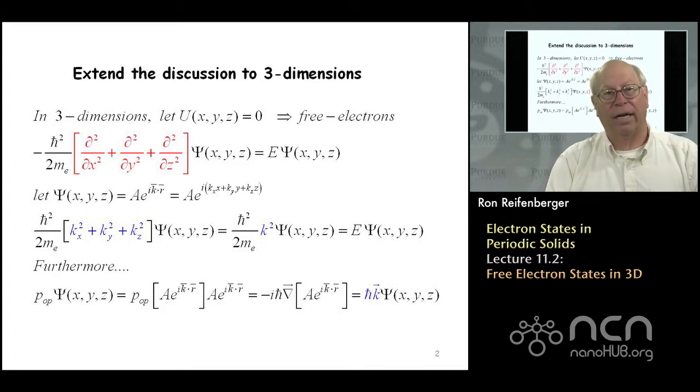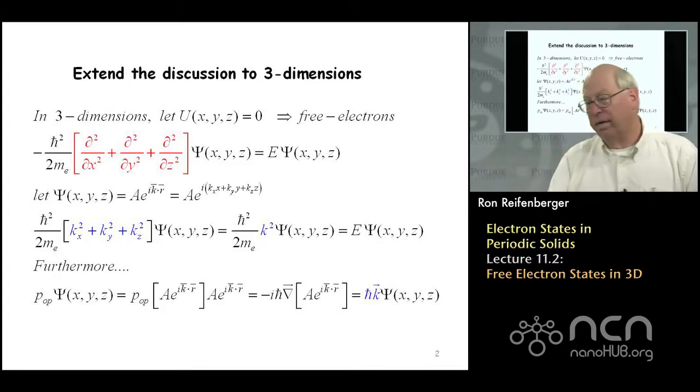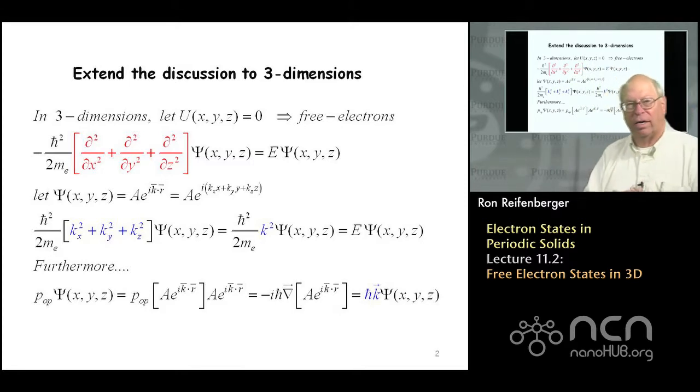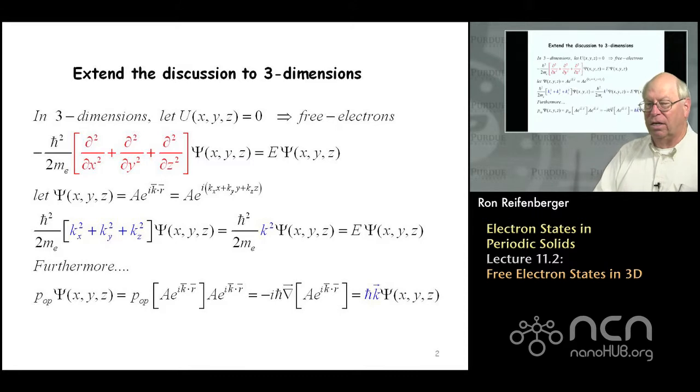So that'll come at the end of the week, and that's an important set of lectures to listen to, because once we put in the periodicity of the lattice, we really start to capture some of the important features of the electron states.